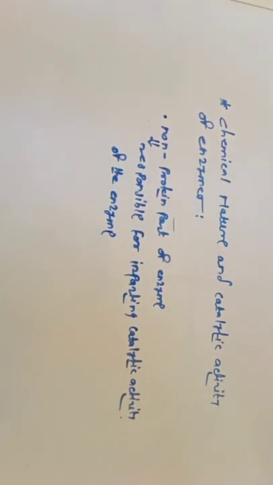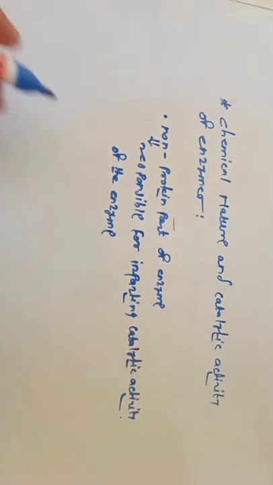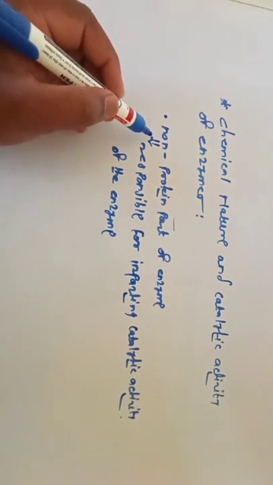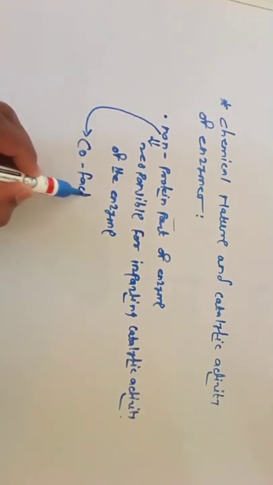So this non-protein part, known as coenzyme, is responsible for imparting the catalytic activity of the enzyme. If the coenzyme is present, it is responsible for increasing the catalytic activity of the enzyme, and this non-protein part is also known as cofactor.